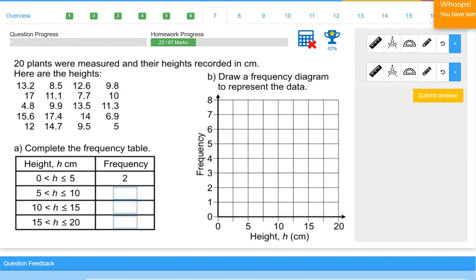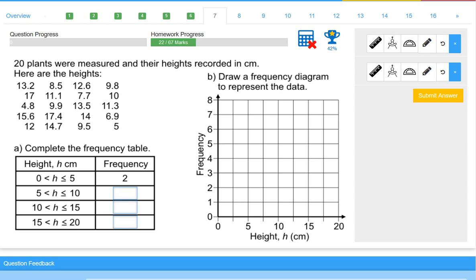Question 7. I'm asked first of all to complete my frequency table. How I want to do this is entirely up to you. You might want to do a tally chart, for example, to make sense of that as we complete it. The key thing here is that I notice I have a 10.